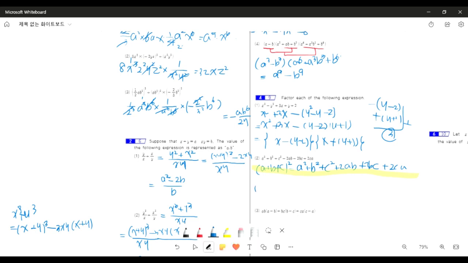So using the formulas, just changing the sign. (a − b + c)² equals... I'm only changing the sign of b, so only the terms including b change.